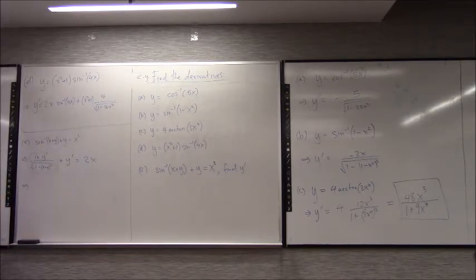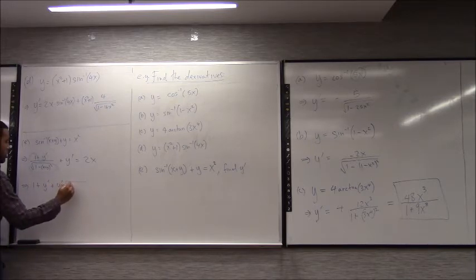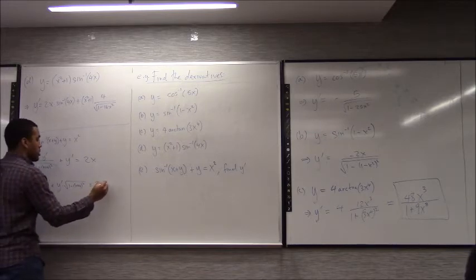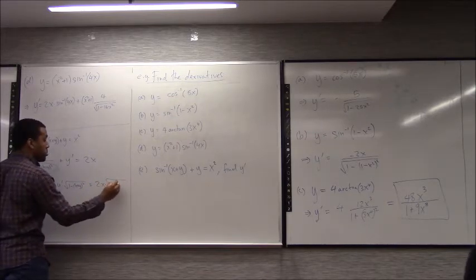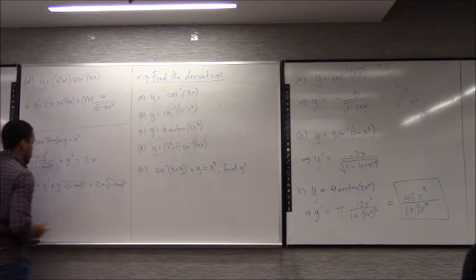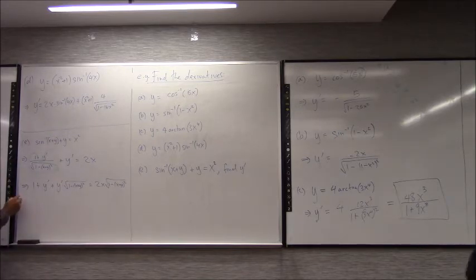We can multiply by 1 minus x plus y squared. So you have 1 plus this plus y prime times this. And so we can subtract 1. Factor out a common y prime, we'd have 1 plus this.